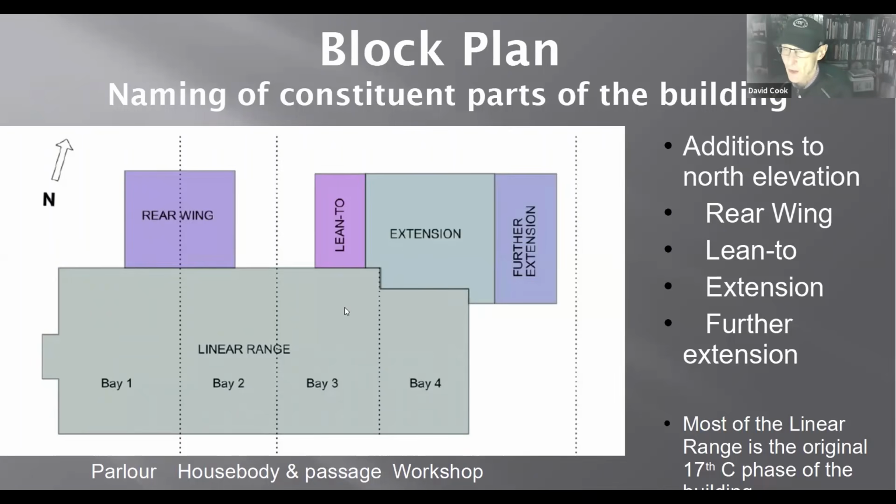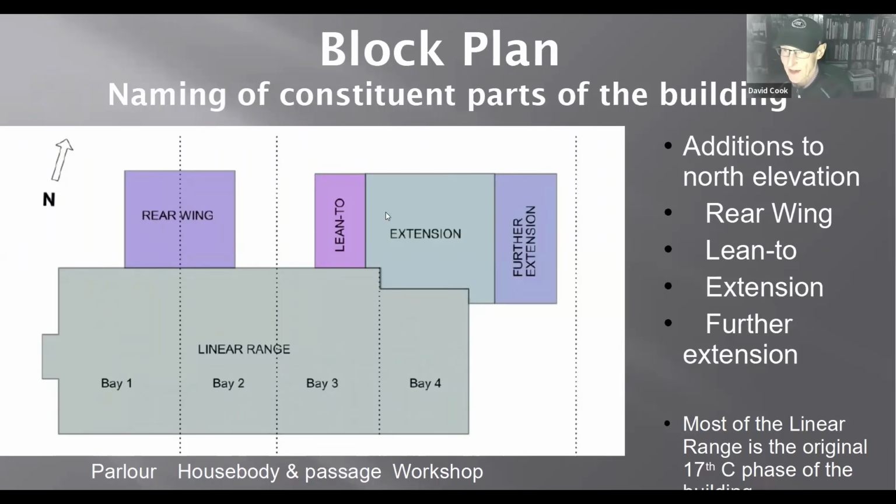So we've got here, the oldest bit is the linear range, separated into four bays, bay 1, bay 2, bay 3 and bay 4. Bay 1 is the parlour, bay 2 and 3, house body and passage, bay 4, the workshop. Added to that later on, we've got a rear wing, which is the thing with the ridge down the middle.